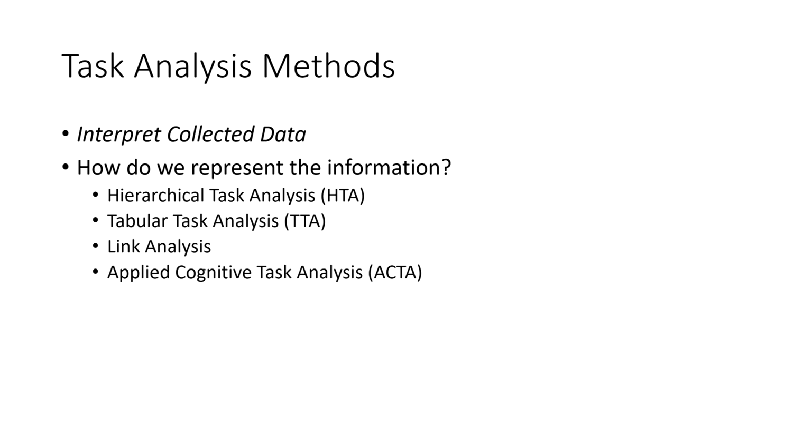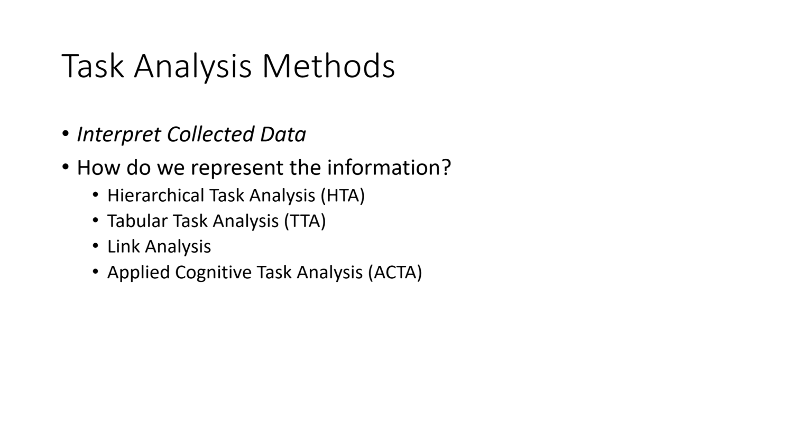Okay, and there's a few different main types of task analysis, but there's a lot of different ways to do this. So when we talk about interpreting collected data, how do you represent that information, which then informs how do you conceptualize the task in general? That determination will typically lead you to specific methods of task analysis.